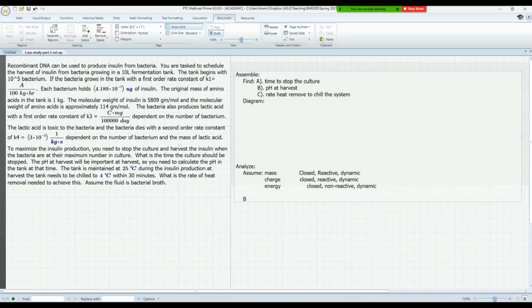Then we need a basis, and I'll just combine this all with the given data. And if we need any extra data, I'll just stick it in here too. So in here, we're going to have that the initial bacteria at time 0 is going to be 10 to the 5.